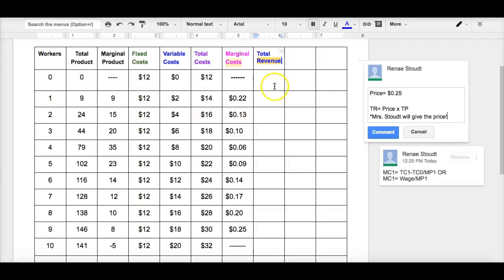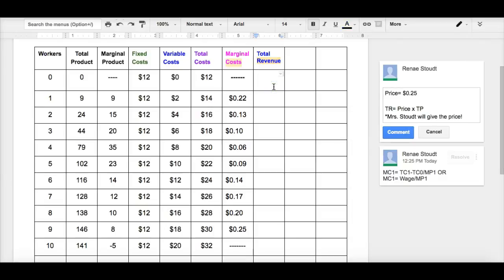So at 0 workers, we obviously made 0 airplanes, so how much is our total revenue? 0, right? At 1 worker, we made 9 airplanes, and we're taking that times the price that I told you, 25 cents. So 9 times 25 will give us 225.